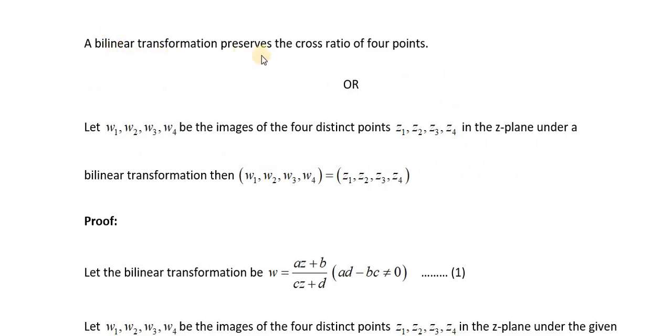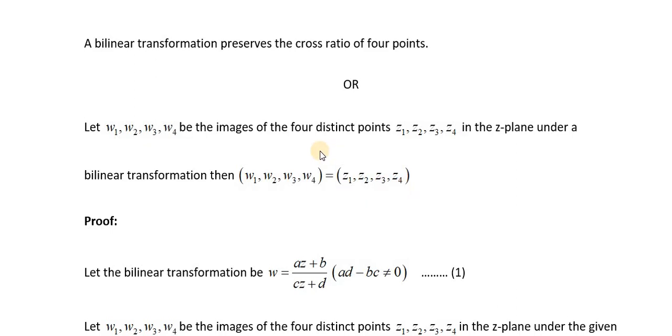A bilinear transformation preserves the cross ratio of 4 points. Or, let W1, W2, W3, W4 be the images of 4 distinct points Z1, Z2, Z3, Z4 in the Z-plane under the bilinear transformation. Then cross ratio of W1, W2, W3, W4 equal to cross ratio of Z1, Z2, Z3, Z4.